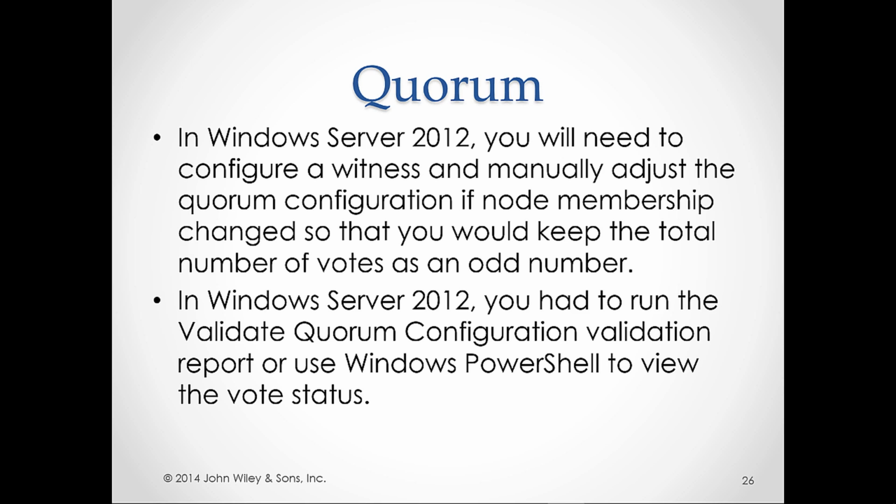So, a little bit more about quorums. In Server 2012, you needed to configure a witness and manually adjust the quorum configuration for the node membership. That way you'd always have an odd number. Also in Server 2012, you had to run the validate quorum configuration report to be able to view the voting status, or you could use PowerShell to view the voting status.